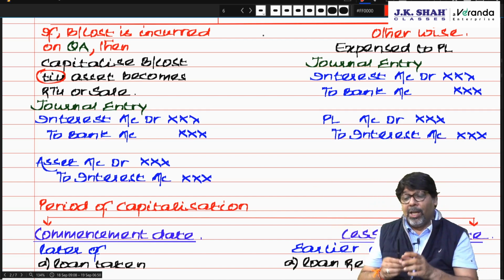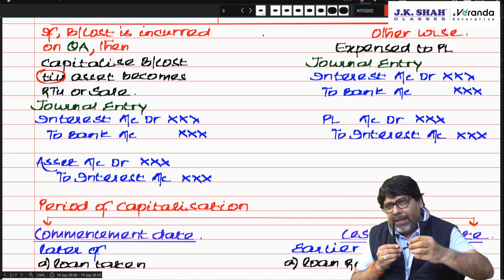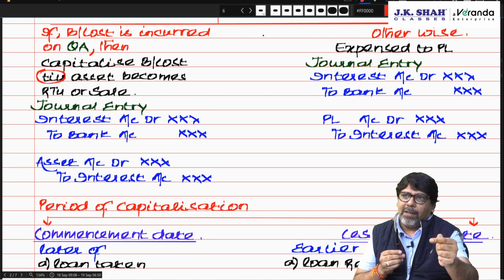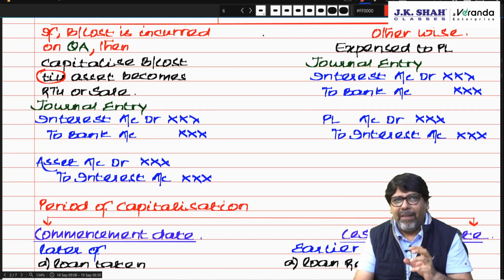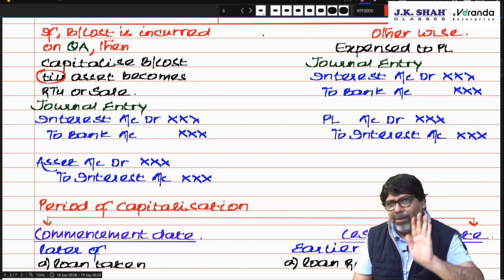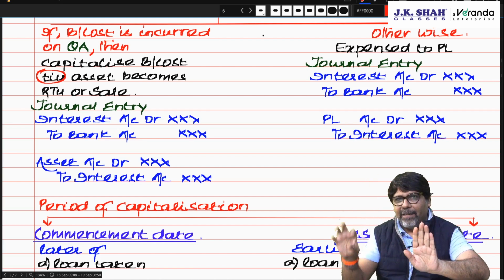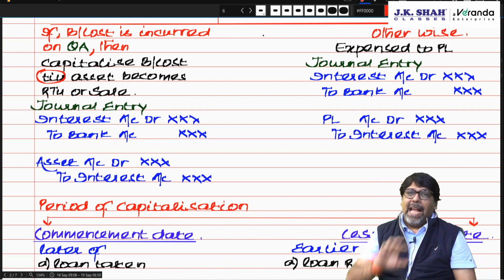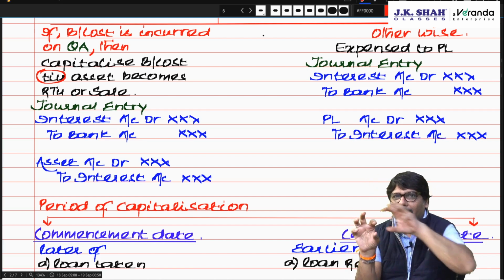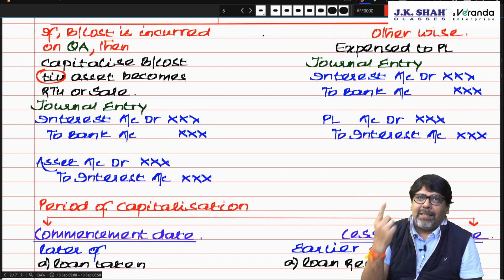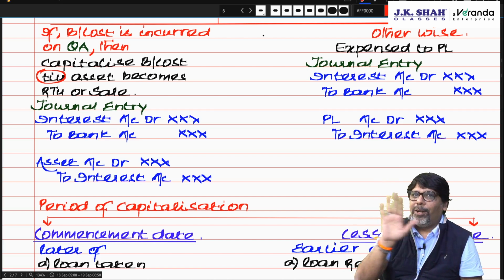Yes, sir. But the construction period is how many years? 2 years. So for 2 years, I will keep on incurring the interest cost. Yes. And if I transfer the interest cost to P&L, do I have a corresponding revenue for this interest cost? No. And when the revenue will start, will I have a corresponding interest cost? No. When the revenue will start, that means the asset is in ready to use condition. That means borrowing cost should not be capitalized.